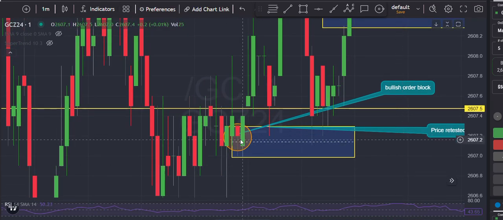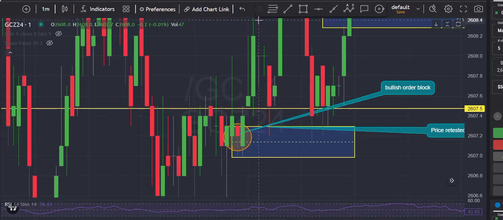So now I know from here, price is going to rally up. You could do an entry right after here, or you could take any of these entries that's coming down into this bullish order block.